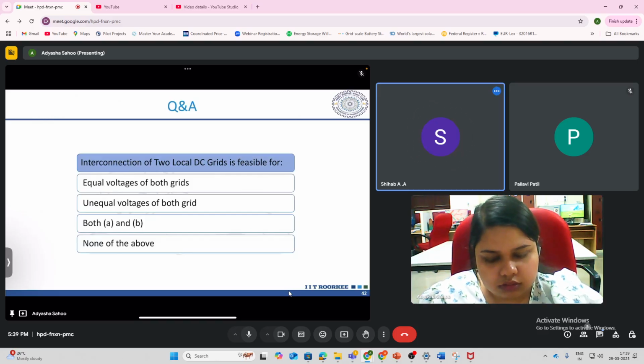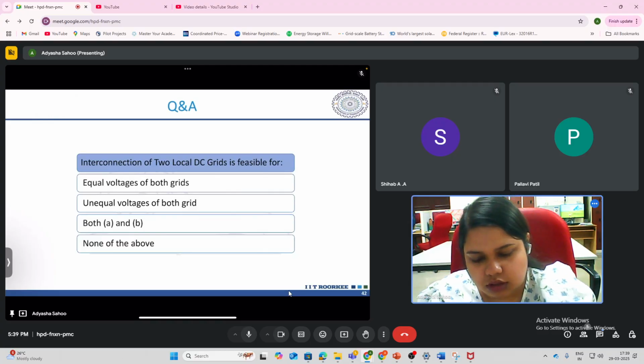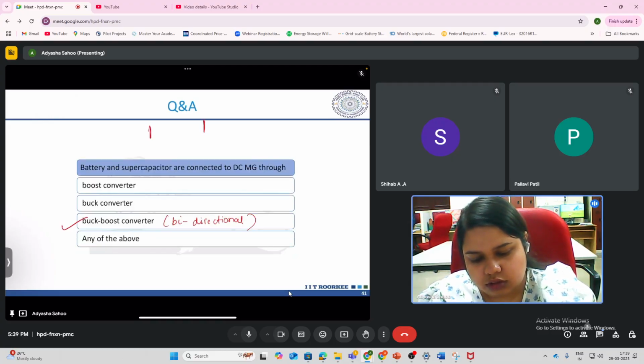Basically it will depend upon the voltage between those two buses. Let's say this is V1 and V2. If V1 is greater than V2, then the power flow is in this direction. If V1 is less than V2, power flow is in the opposite direction.